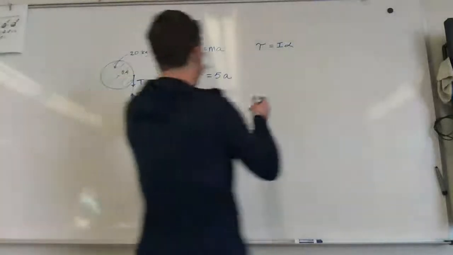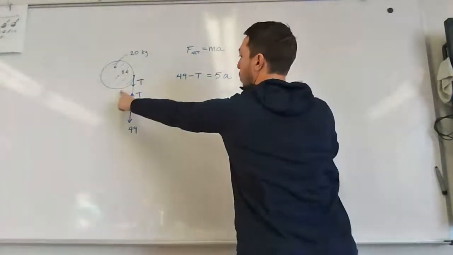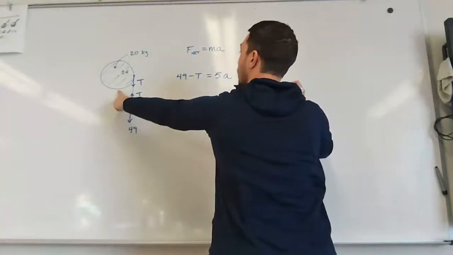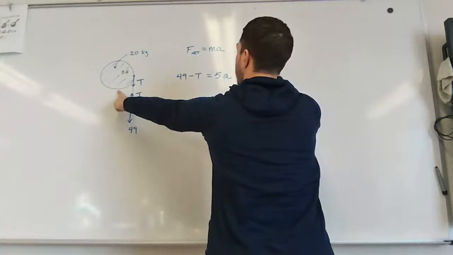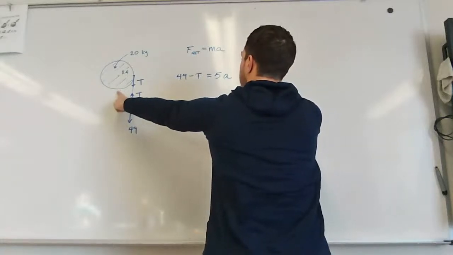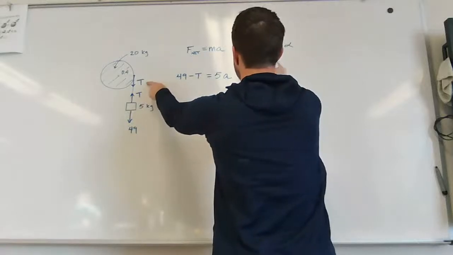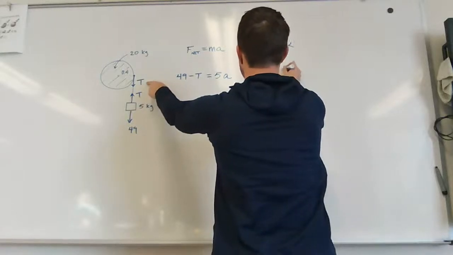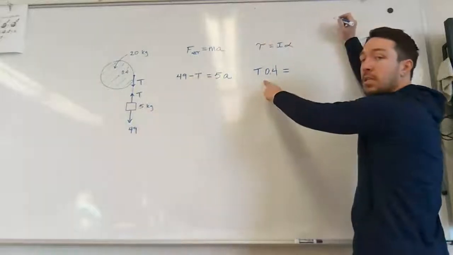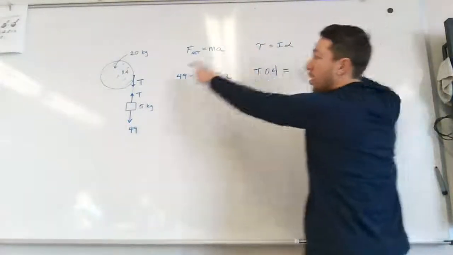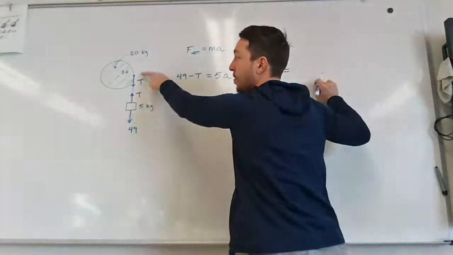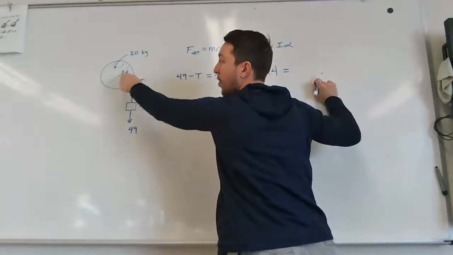So what's the wheel's torque then? It's F times R. The force is T, times 0.4. Do you all understand that? So the torque on the wheel is the force multiplied by the radius.